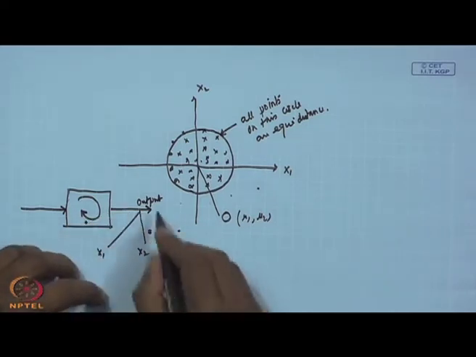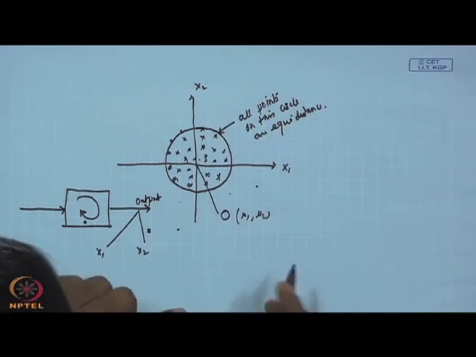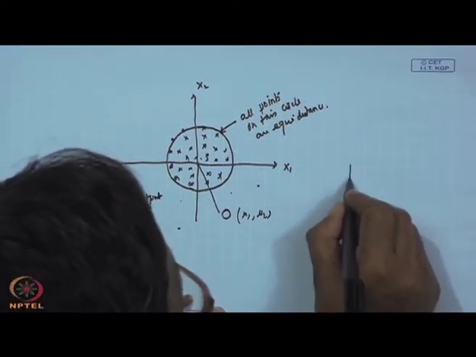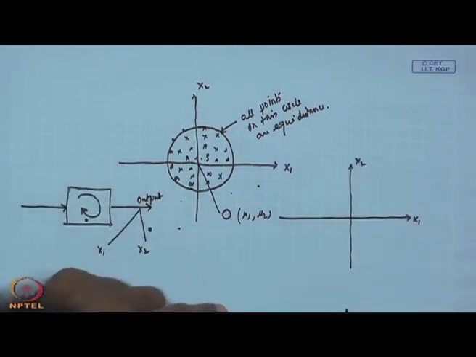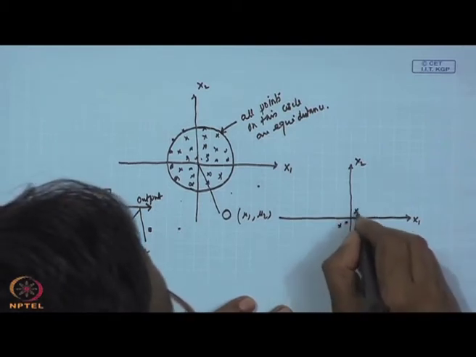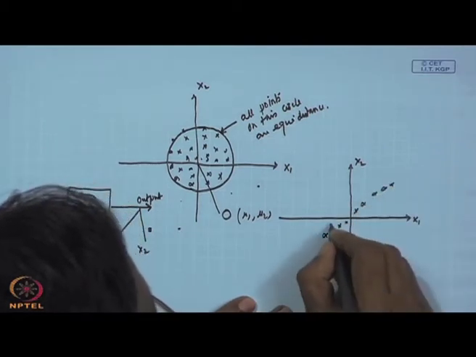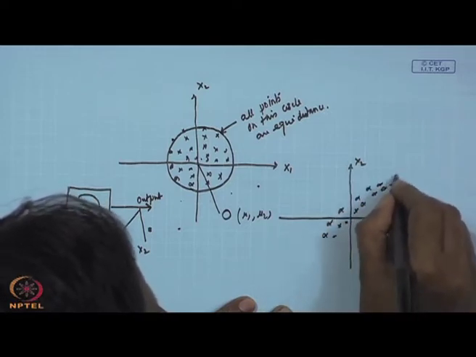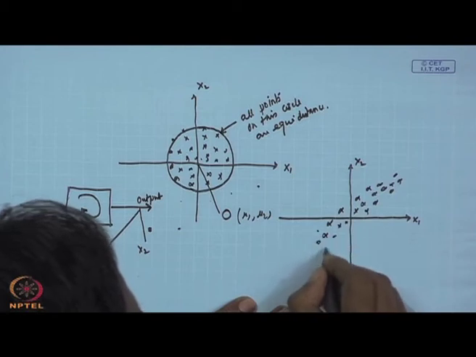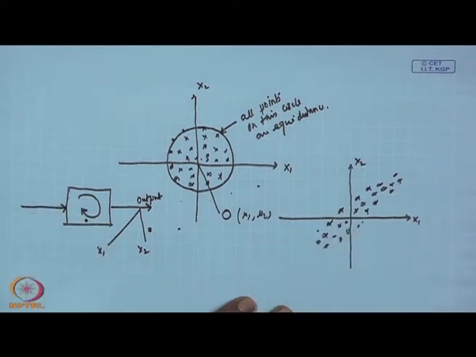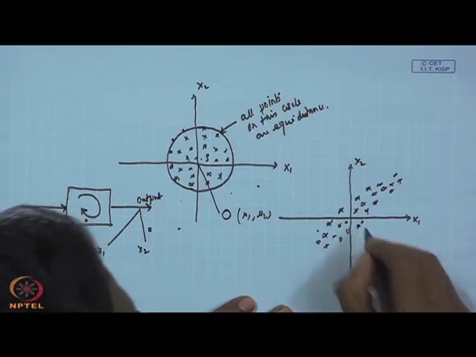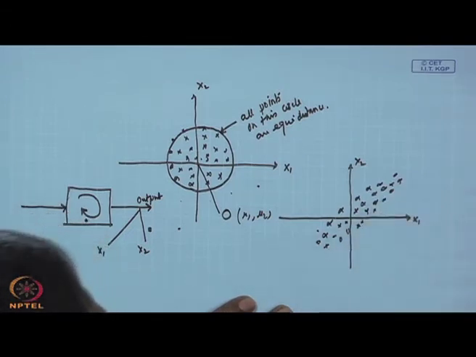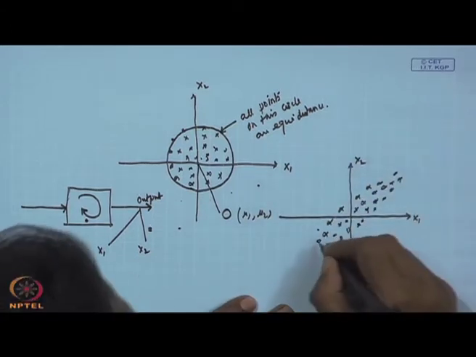For the time being, let us concentrate on the output. Then, if you make a plot of x1 and x2, you may get a figure like this, with a little assumption, in the sense that the figure resembles an ellipse.